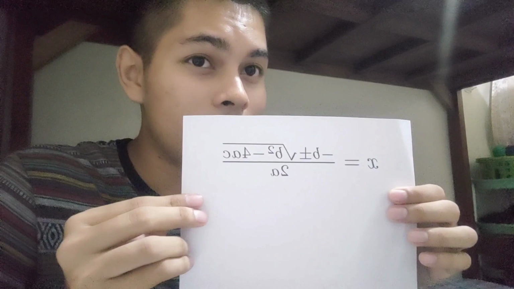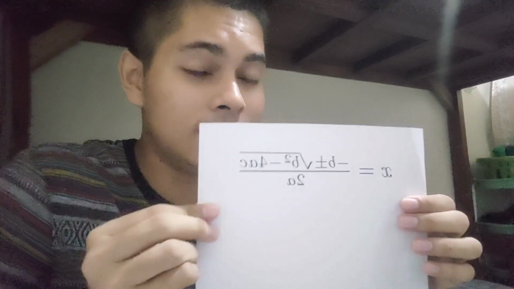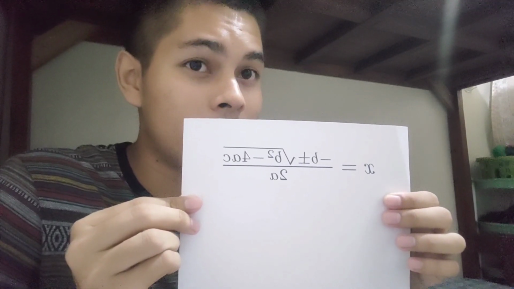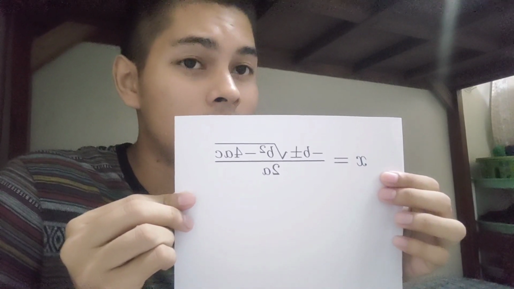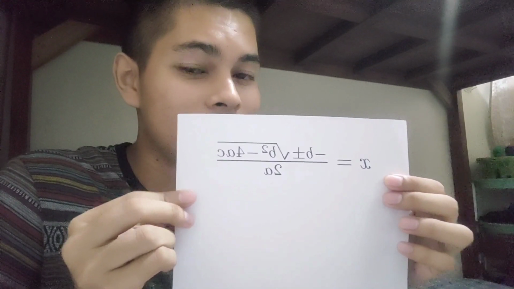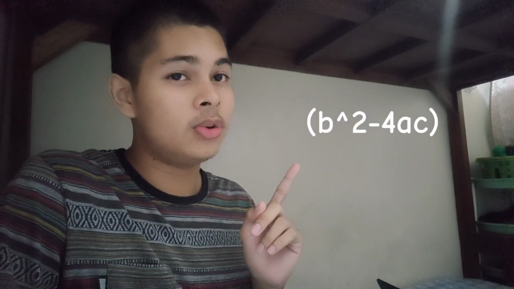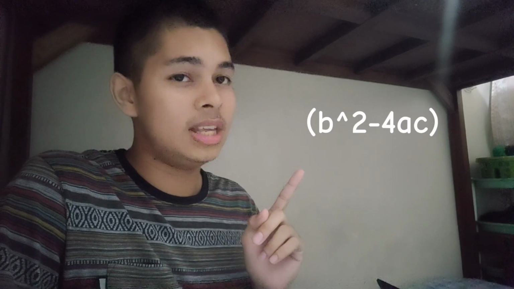The quadratic formula might be familiar for those who are now in college, since in high school we have already talked about the quadratic equation and how we are going to do the operation using this equation. The solution to a quadratic equation can be real or complex numbers depending on the value of the discriminant b raised to 2 minus 4ac within the square root.